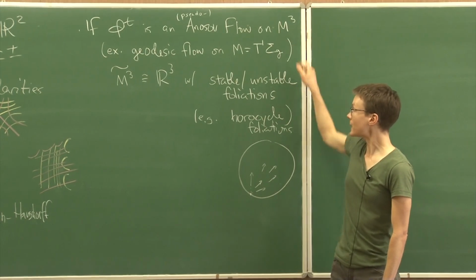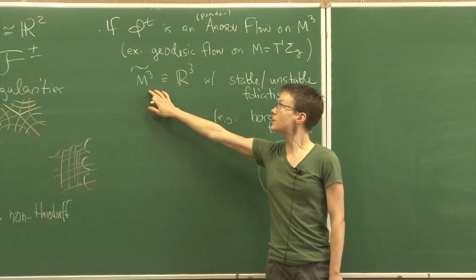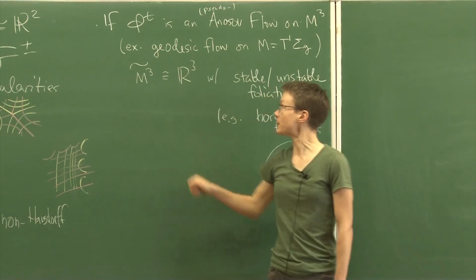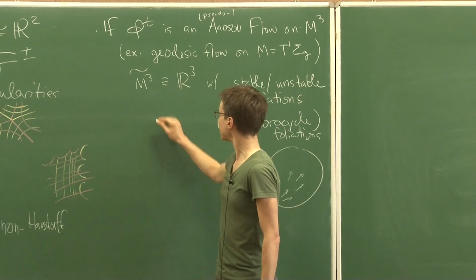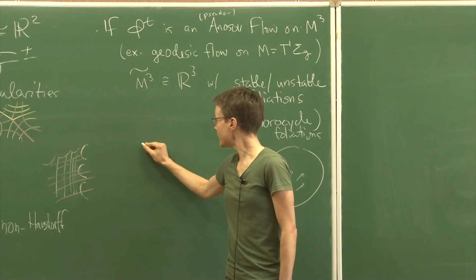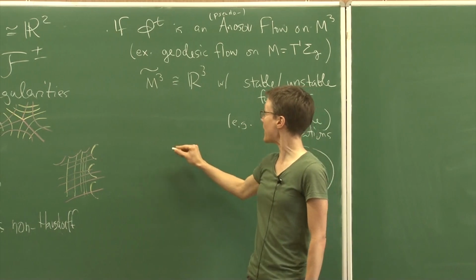On my manifold, I can lift them up to the universal covers. So now they're invariant both under a lifted flow and the fundamental group. I can lift the flow, and I can quotient to make something called the orbit space.